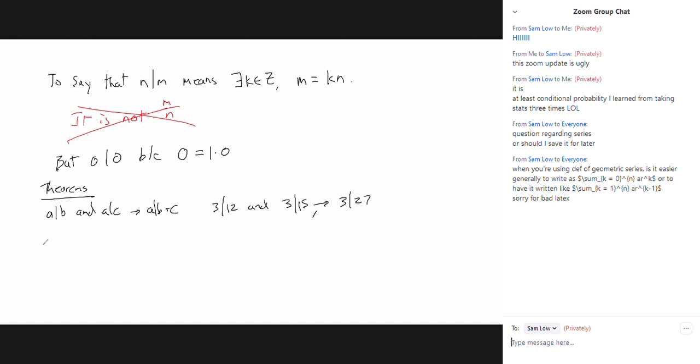And if A divides B, then I can go ahead and multiply B by anything. A will still divide the product.